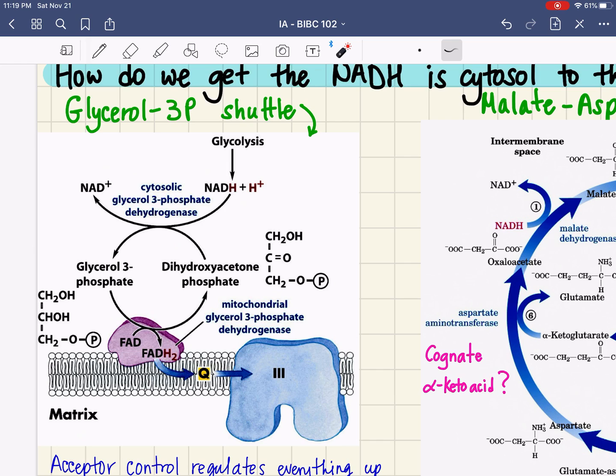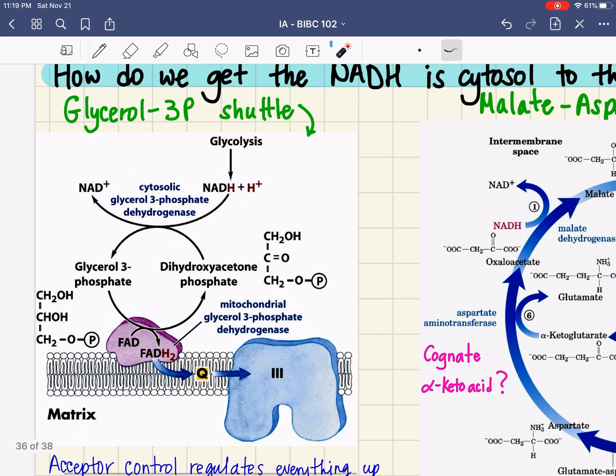Okay, so you see how in this process we've done two things. We've generated NAD+, that can now go back out into glycolysis, so that glycolysis doesn't stop. And we've also taken the electrons off of NADH and we've shunted it into ETC.